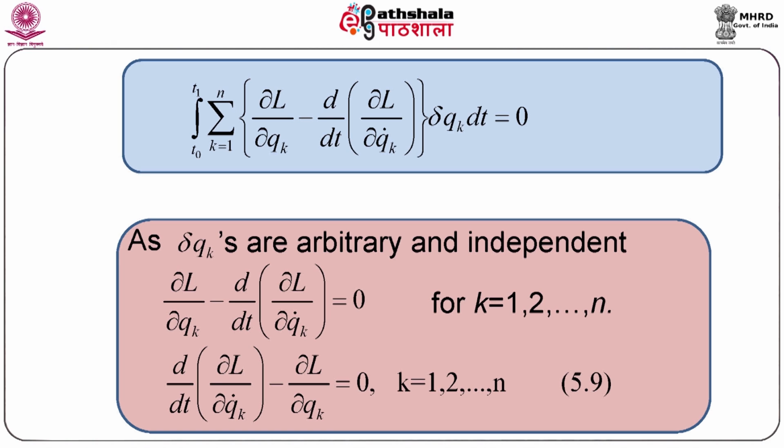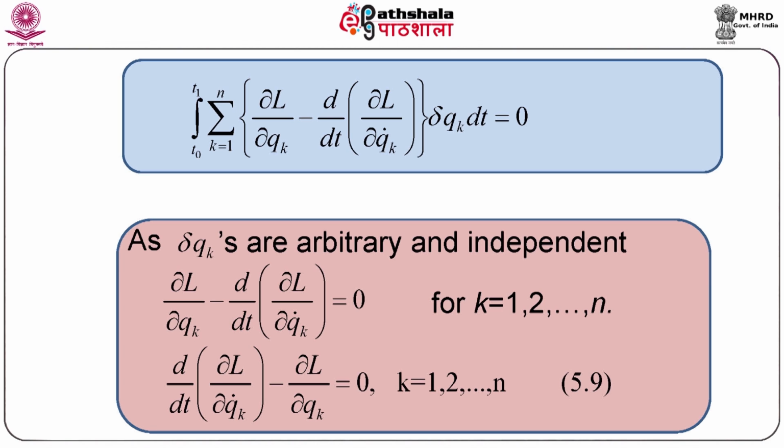For a dynamical system of n degrees of freedom, as the delta qk's are arbitrary and independent, it follows that the coefficients of each delta qk must vanish separately.